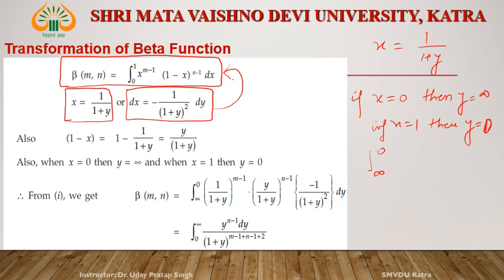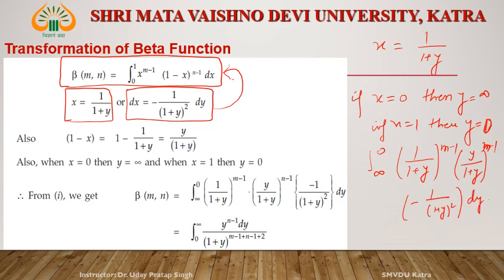And x to the power m minus 1 is 1 upon (1 plus y) to the power m minus 1. And what is 1 minus x? 1 minus x is y divided by 1 plus y, to the power n minus 1. And dx is minus 1 upon (1 plus y) square dy. So this minus and limit, we can interchange.